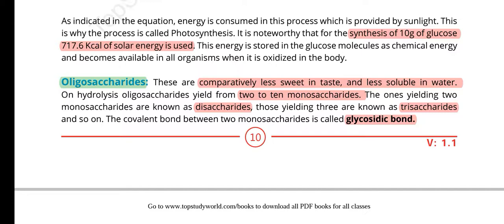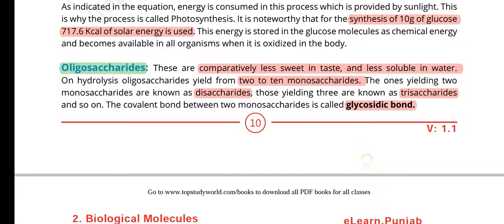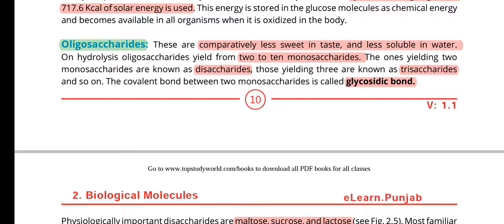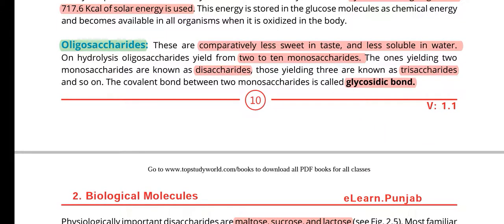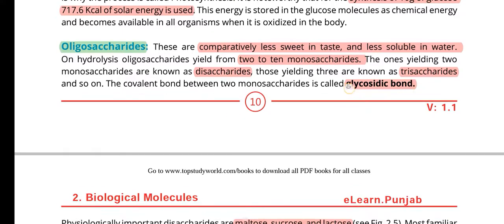Some books do not include disaccharides in the oligosaccharides, but some books do. Those yielding 2 monosaccharides are called disaccharides, those yielding 3 are trisaccharides, and the covalent linkage between two monosaccharides is called the glycosidic linkage.